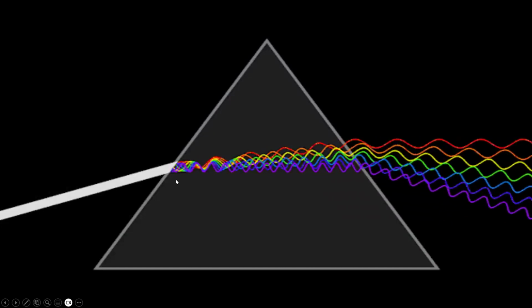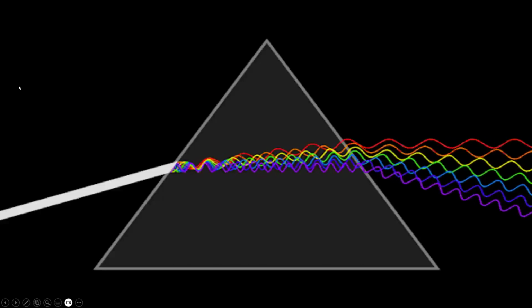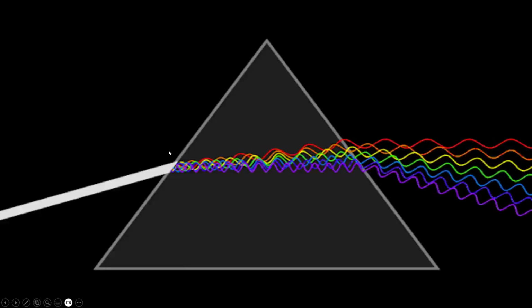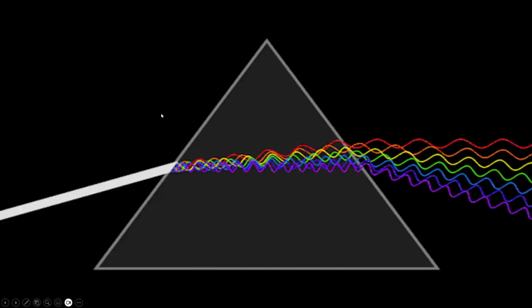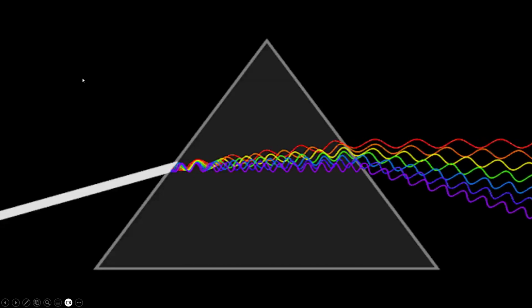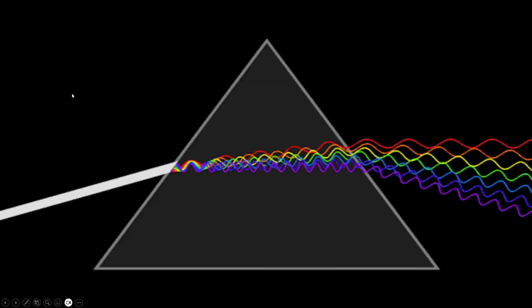What is refraction? Well, if you shine a light straight into the interface. So, what's an interface? Here is medium number one. A medium is a substance through which something travels.